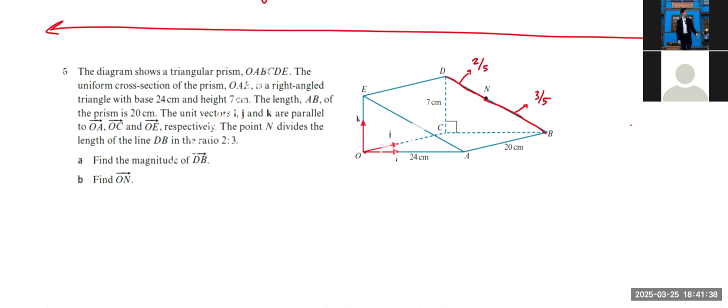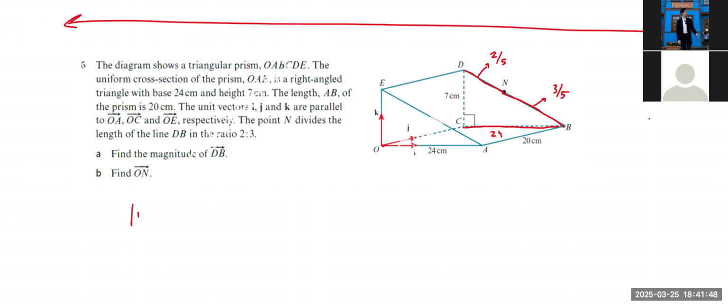Now, this doesn't require any algebra knowledge. You can just understand this is 24 and this is 7. So you can find the length of DB using Pythagoras. It will simply be 24 squared plus 7 squared with the square root. So let's calculate that. We're going to get 24 squared plus 49, which is going to give us 25 as the length.